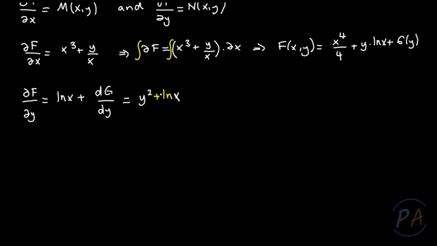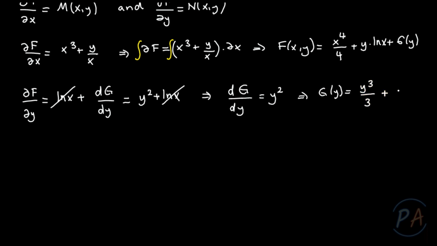So by cancelling the ln of x's, I can write dg over dy equals y squared. Then integrating both sides, I determine g of y equals y cubed over 3 plus c1, where c1 is the constant of integration.